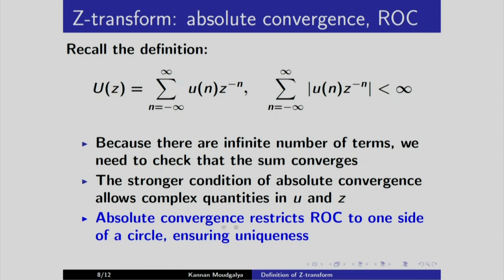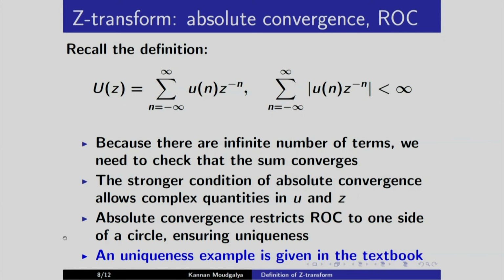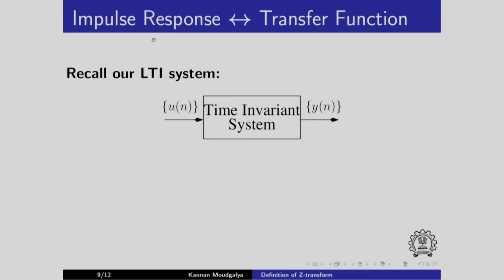So, absolute convergence restricts the ROC, the region of convergence, to one side of a circle. So, we will see this shortly. This ensures uniqueness. In the textbook, we have given a uniqueness example. I strongly suggest that you read the textbook and see that example.